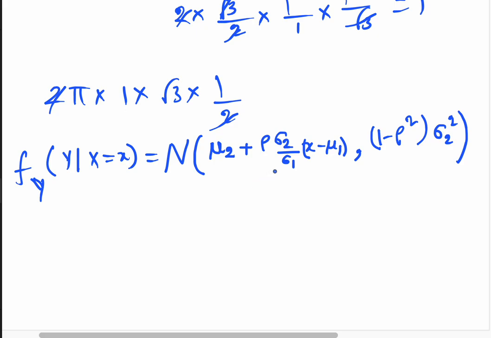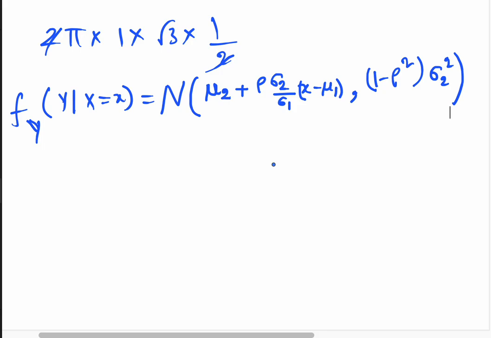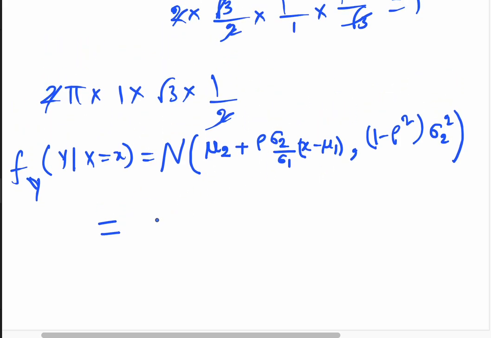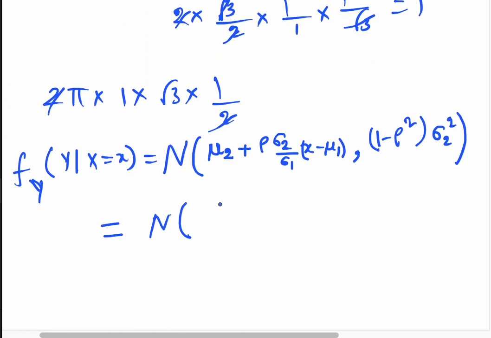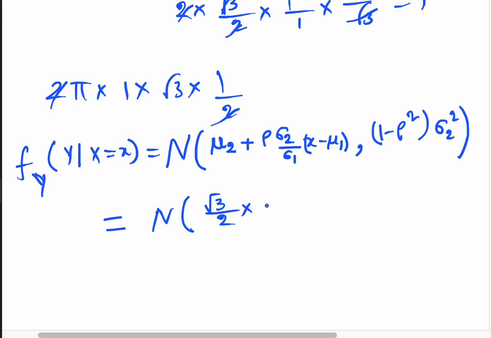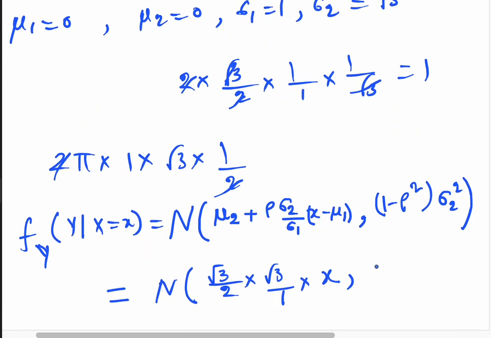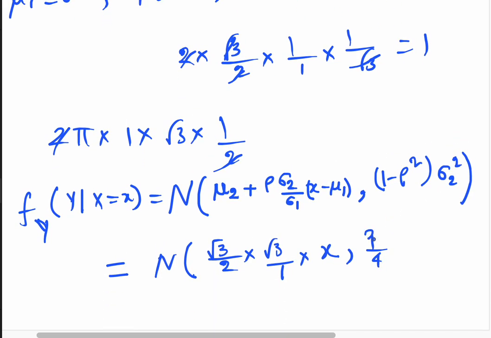Now what I have to calculate is the expectation value. Putting in all the coefficients, mu 2 is 0, rho is root 3 by 2, sigma 2 is root 3, sigma 1 is 1, and x stays. 1 minus rho square is 1/4 and sigma 2 square is 3, so the variance is 3/4.